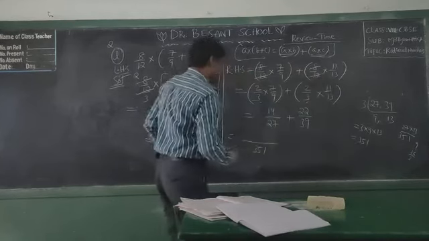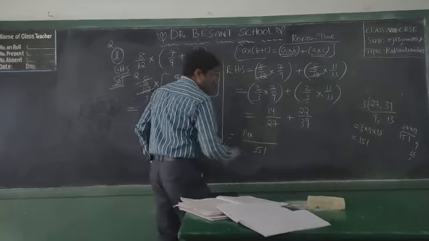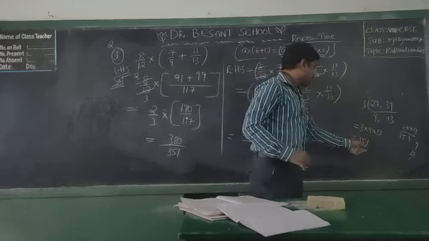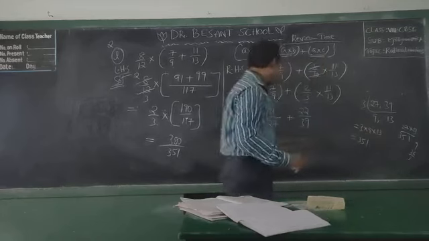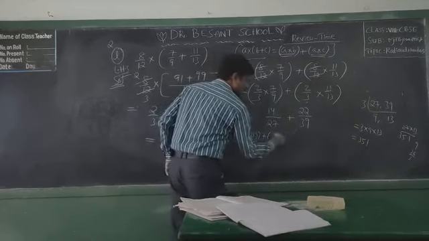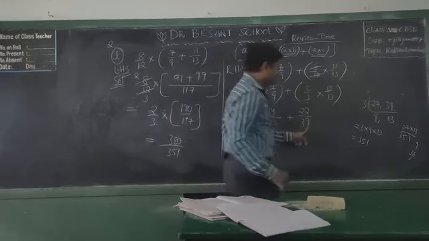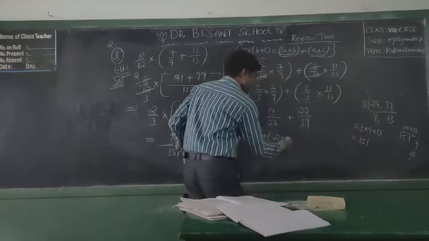So this is 14 into, as 351 is the LCM, 351 divided by 27 is 13, plus this is 22 into, for LCM 351, 351 divided by 39 means 9.